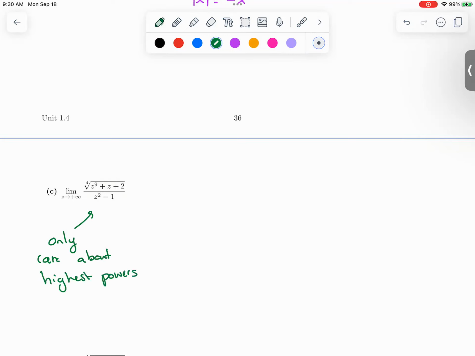So this becomes the limit as z approaches positive infinity of the fourth root of z to the 9th divided by z squared. That minus 1 doesn't matter either. That plus z and that plus 2 do not matter, and neither does that minus 1, because we're going to infinity. And here is where we use that rule.